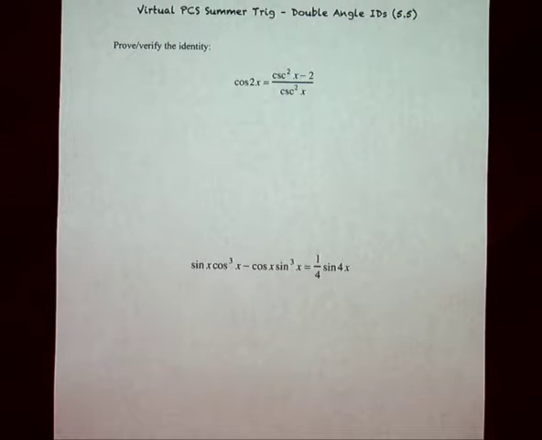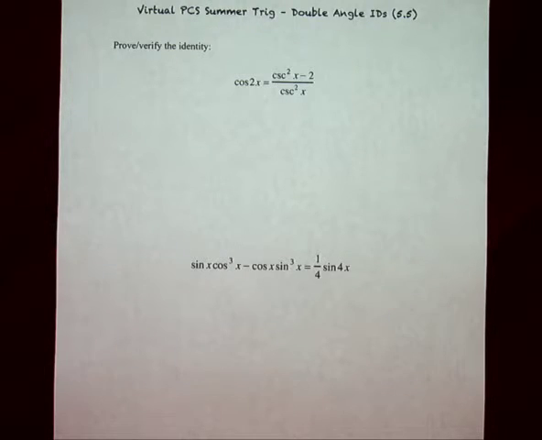Let's take a look at this one. Cosine of 2x is equal to cosecant x minus 2 over cosecant x. Now, you're thinking to yourself, cosine of 2x doesn't have anything to do with cosecant, at least not on the face of it, but it does have something to do with its reciprocal, sine squared.